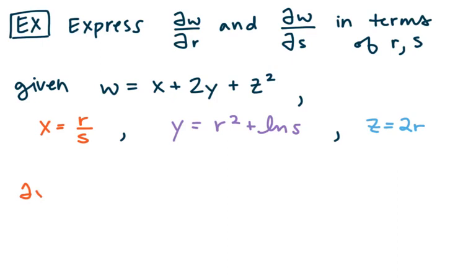So partial of X with respect to S. Well, S is in the denominator, R is a constant. We could think about this as being the same as R times S to the negative 1. So that's going to give me negative R S to the negative 2 when I differentiate with respect to the independent variable S, negative R over S squared.